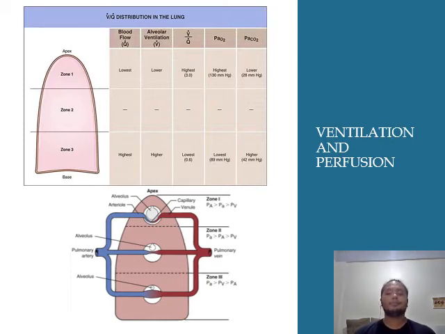On the opposite, at the base, ventilation is higher, and relatively perfusion is also higher, to the point that the rate of perfusion is significantly higher than the rate of ventilation. Because perfusion can still change.